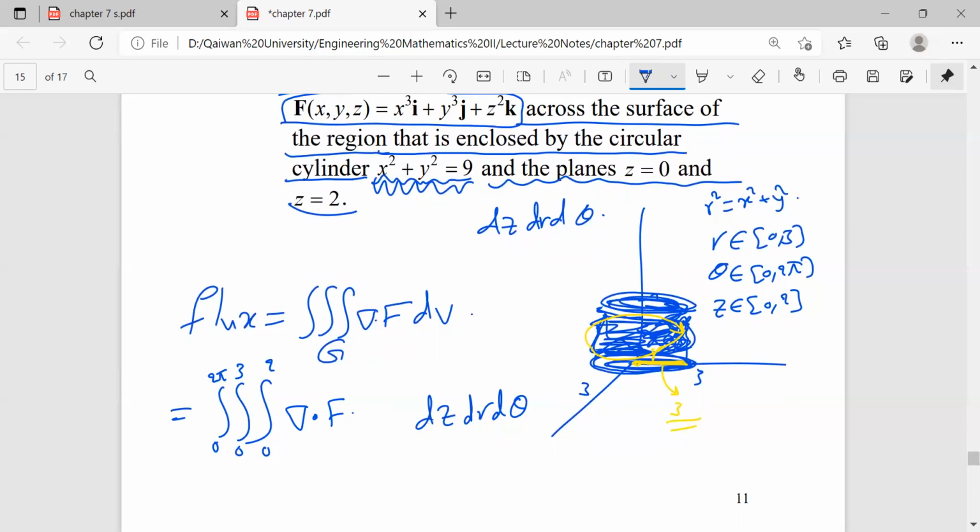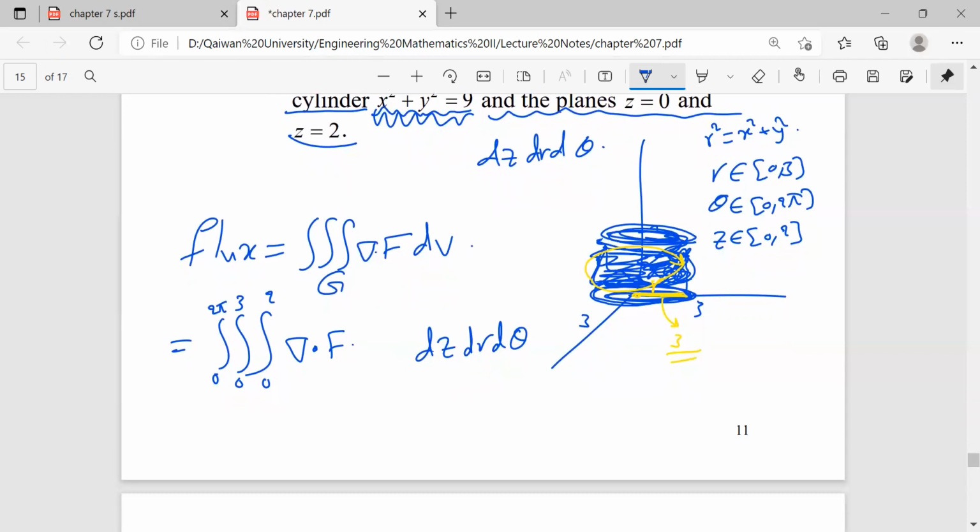In the previous example, we found the gradient of phi. When you find the gradient of a function, it becomes a vector. But here it's the dot product of the gradient and a vector, so we must get a scalar function, because the dot product of any two vectors is a scalar function.